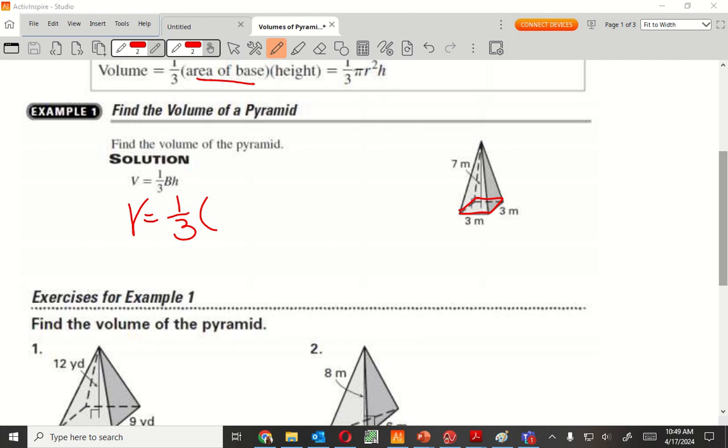Perimeter is adding up all the sides. Area is just length times width. So it's going to be 3 times 3, which gives me 9, times the height. And the height is always the height from the center going straight up. If you notice, there is a little box right there implying that it is a right angle, for the height going straight up to the peak of my pyramid. So that's going to be 7.